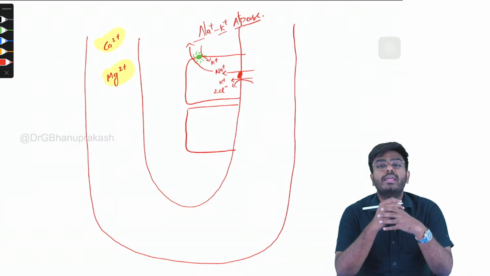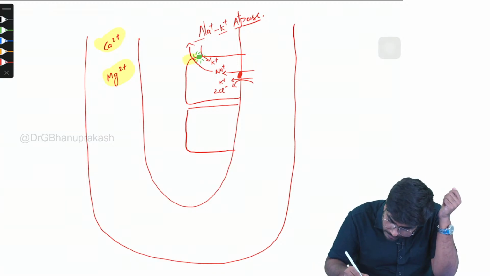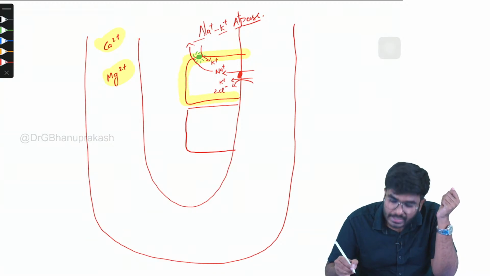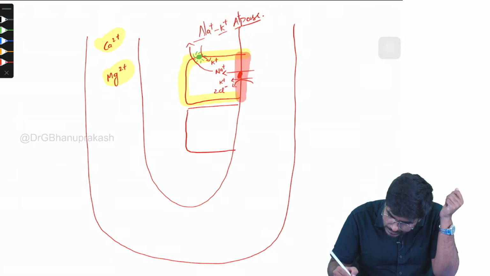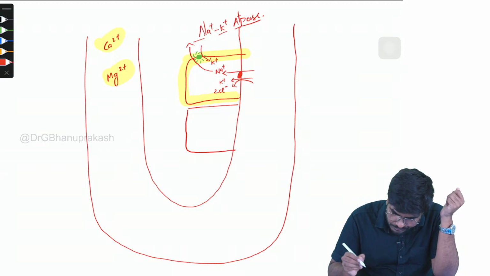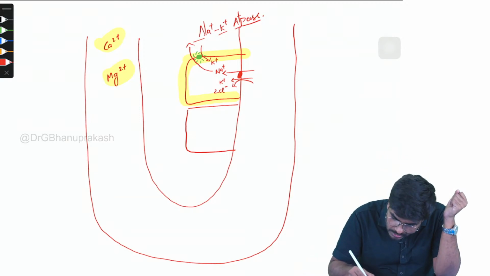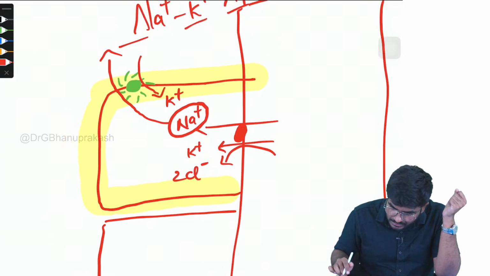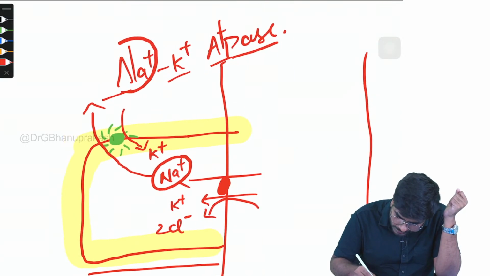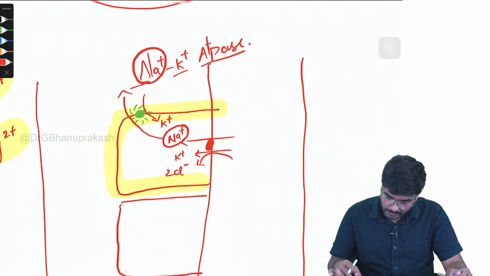Now, is sodium, potassium, ATPase present on the luminal membrane or the basolateral membrane? It is present on the basolateral membrane. On the luminal membrane, there is the sodium, potassium, 2-chloride symporter. Now, what I am trying to put into your mind is, see, whatever sodium is entering into the cell, the same sodium is going out into the interstitium with the help of sodium, potassium, ATPase.